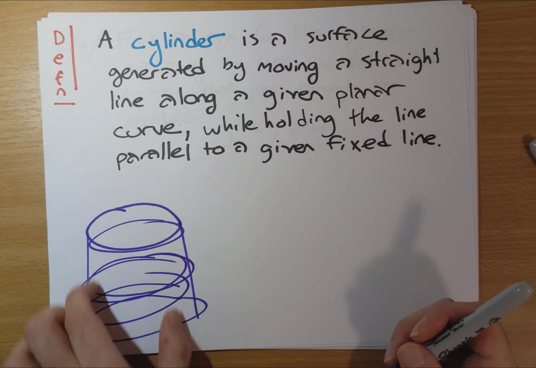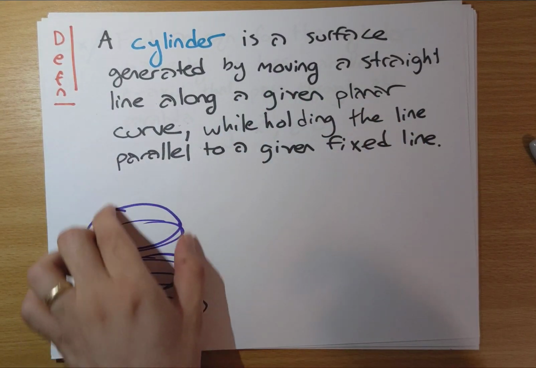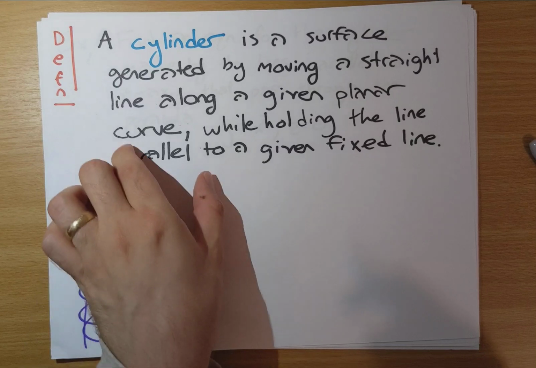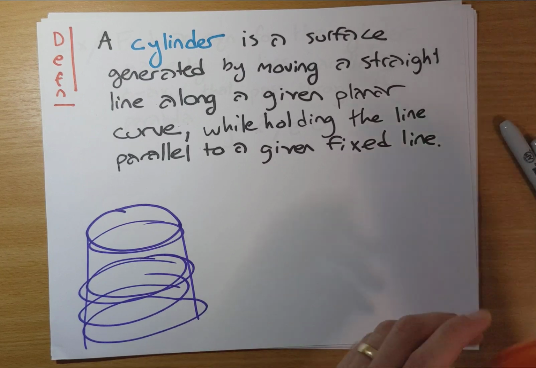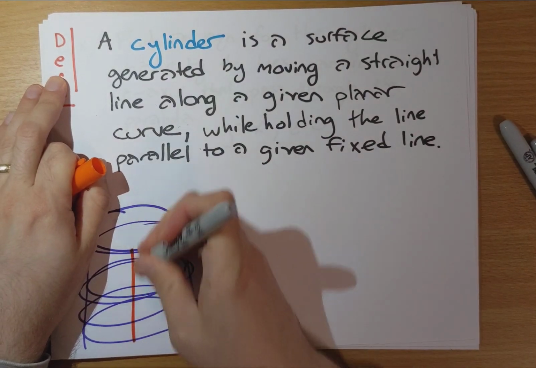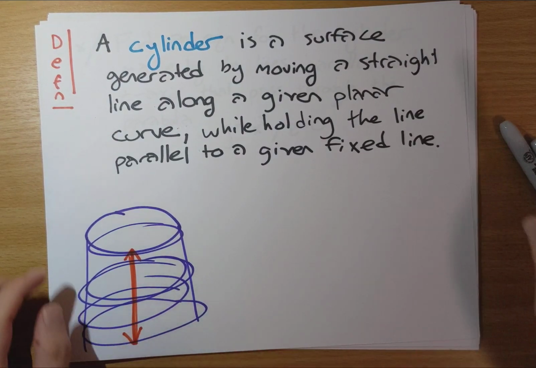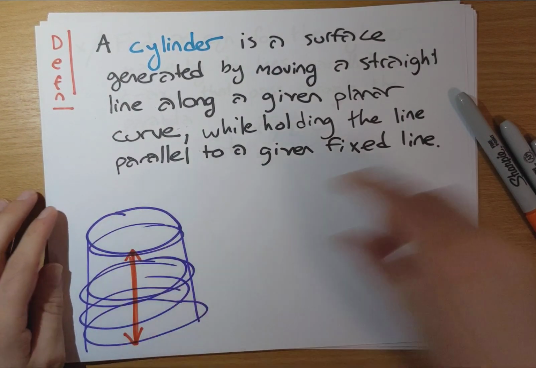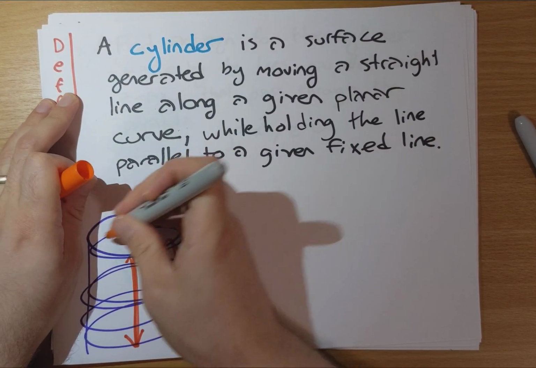Take a circle and move this up and down. Alternatively, you can think about this as taking a straight line here and moving the straight line around a circle.